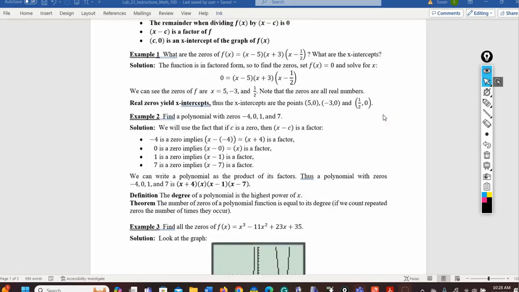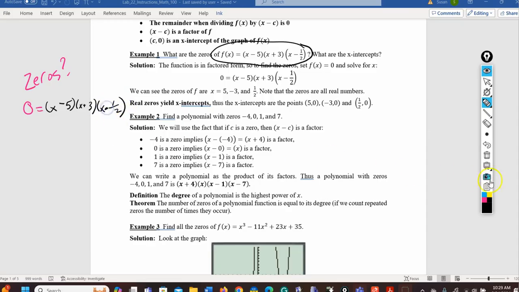Let's look at this first problem where they ask you what the zeros are. Again, we've touched on this before in previous labs. If you're going to find the zeros, then you set the equation equal to 0 and solve for x. That's minus a half.